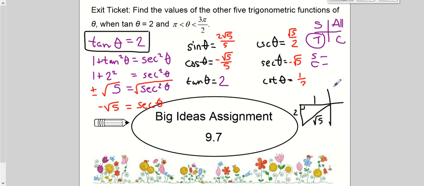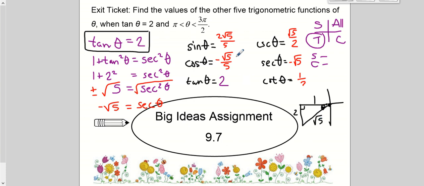Now, using this triangle, sine, remember we always use our reference angle here at the origin. Sine is opposite over hypotenuse, 2 over rad 5. Simplify it, 2 rad 5 over 5. Cosine is adjacent over hypotenuse, 1 over rad 5.